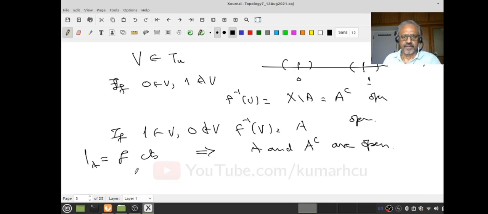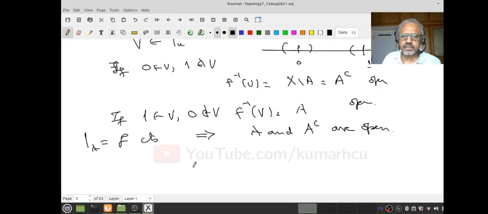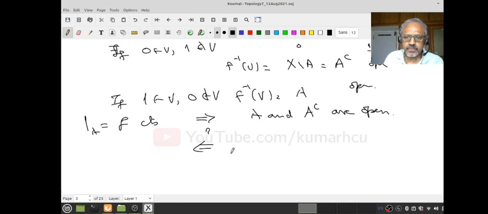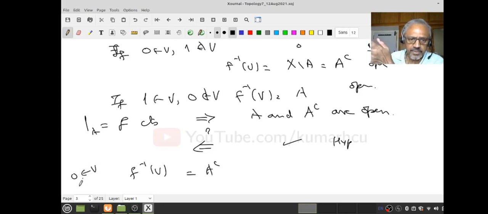The next one, the converse. Is the converse true? That's also true. Assume, as the hypothesis, that A and A complement are open. Then F inverse of V, when 0 belongs to V and 1 does not, is A complement, which is given to be open.